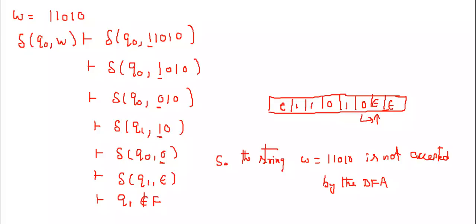And finally, you have to write your DFA in terms of the 5 tuple. So machine M is equal to Q, sigma, delta, Q naught, F, where your Q is, you have 3 states.